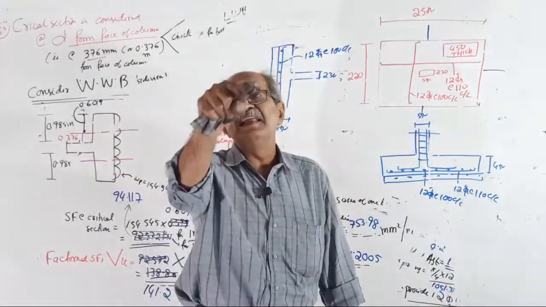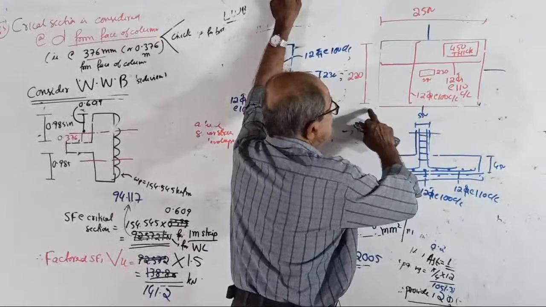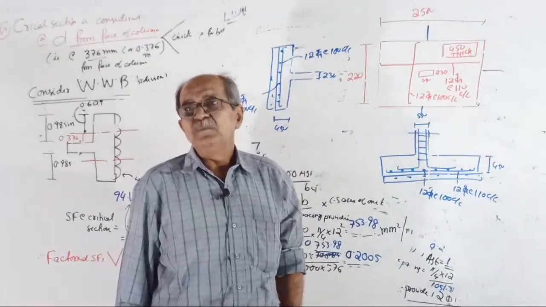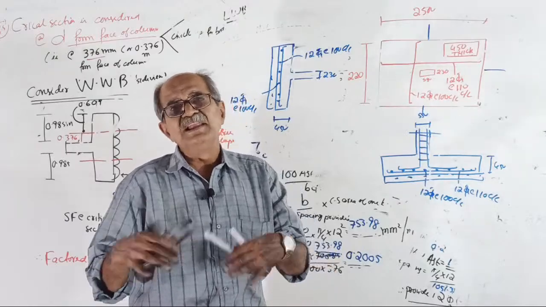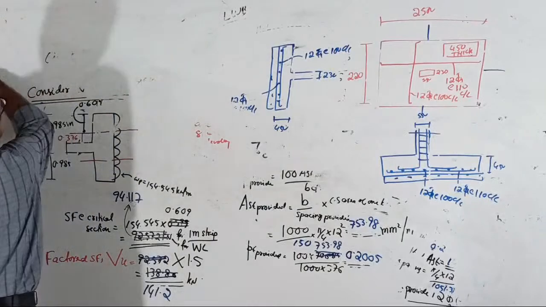Or field instructions, you can write a note there, first place bars for lengthwise or widthwise, depending on the requirement. But design point of view, we have taken same D. So if they interchange, nothing will happen.